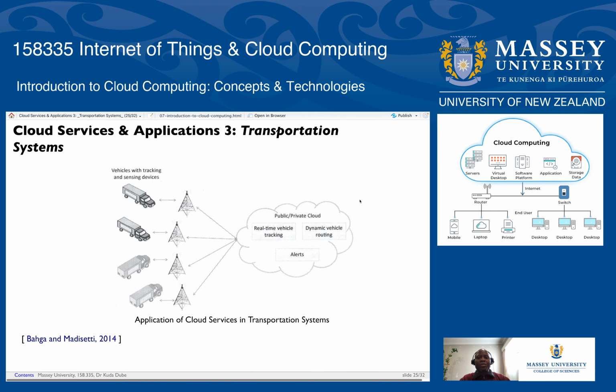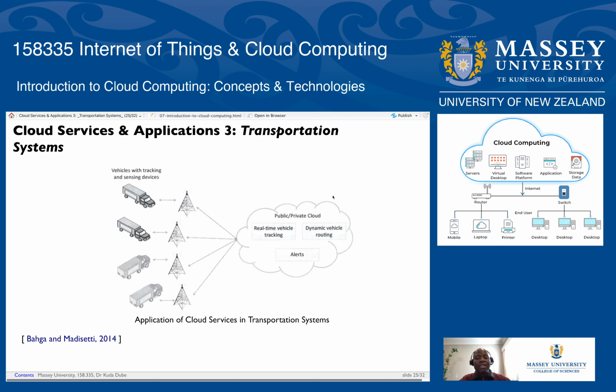Now let's look at transportation systems. This is an area that probably is emerging, but most companies these days have their fleets of vehicles, which are now things in the Internet of Things. In other words, these vehicles have been augmented with tracking and sensing devices, which collect information. The cloud in that case could be used, as we discussed, since the Internet of Things goes hand in hand with the cloud.